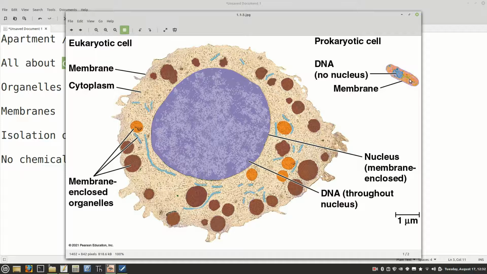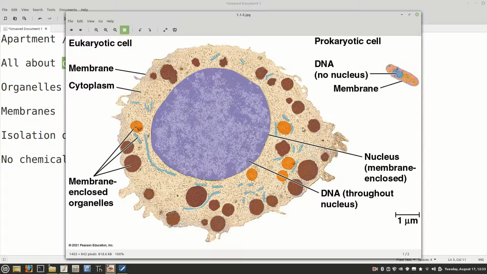It can't digest the food that this large one can, because it can't create the diverse chemistry that this one can. If this one brings something into the cell to digest it, it can stick it in one of these compartments and use all kinds of fancy chemistry to digest it into the pieces it needs to function. Whereas the bacteria is stuck with just whatever it can do within its whole cell body.